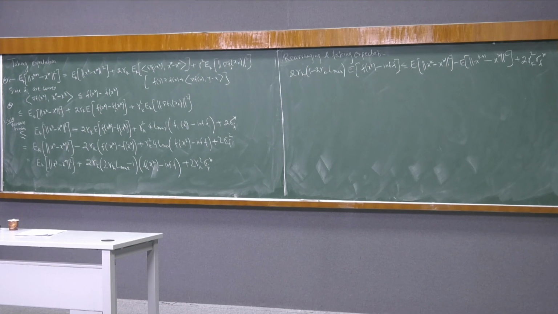So let us see what we did. 2 gamma k, since it went to the left, became the other way. Now it became 1 minus 2 gamma k L max, and expectation went inside f(xk) minus infimum of f. So this went to the left, and this guy went to the right.